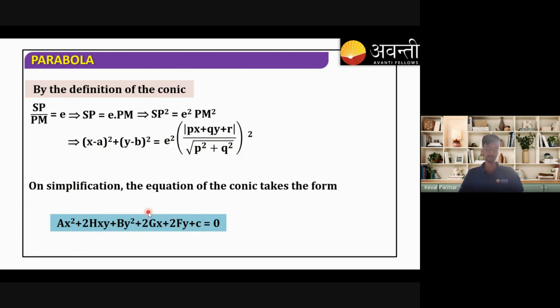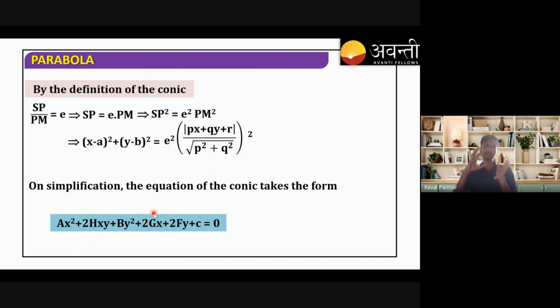Now, as I told you, depending on the value of e, we will get different conic sections. One more thing, there are some conditions even on the coefficients of these equations. What are the coefficients of these equations, guys? There are 6 coefficients: a, h, b, g, f, and c.